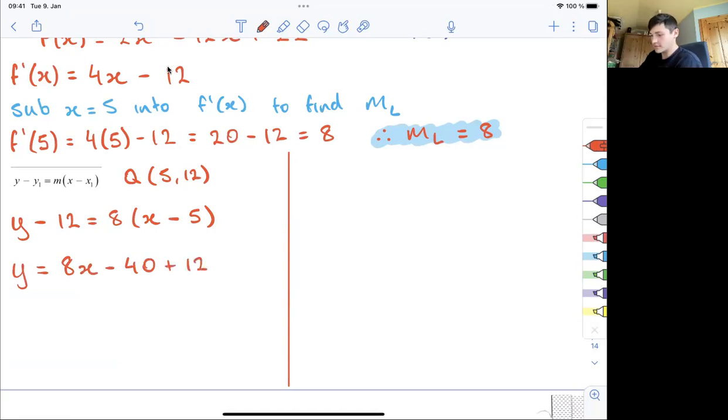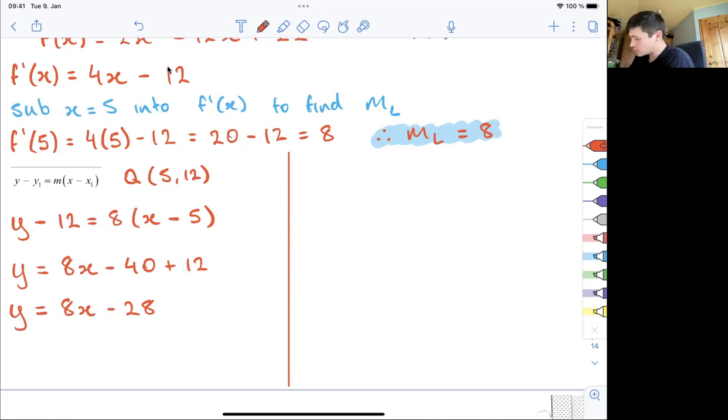In that step, I've expanded this bracket out and I've also added 12 onto both sides. Then simply here we'll go y is equal to 8x minus 28. And so there we have the equation for our line, the tangent to the curve at Q.